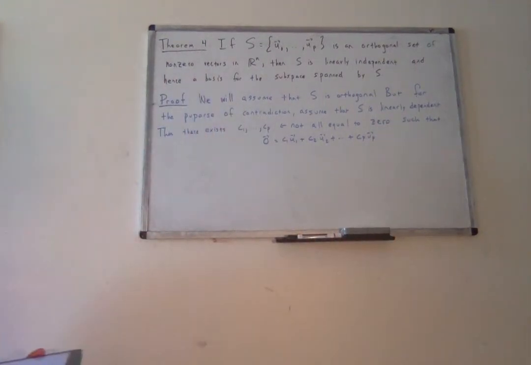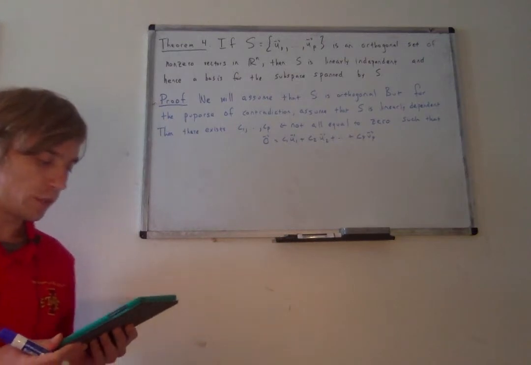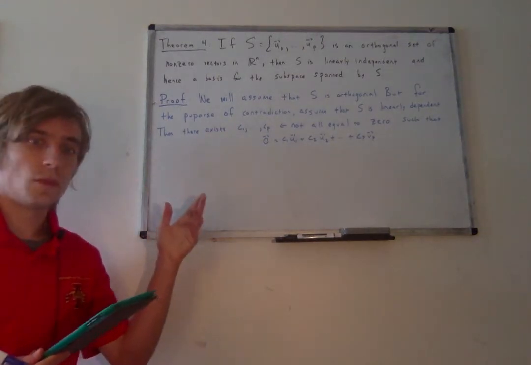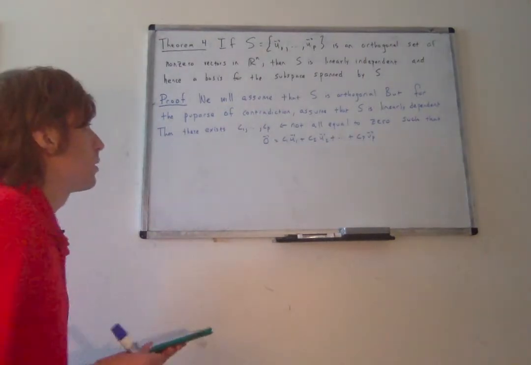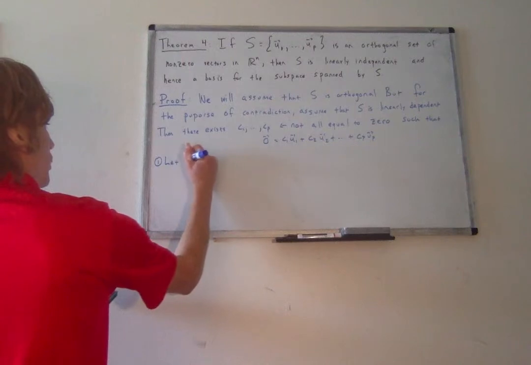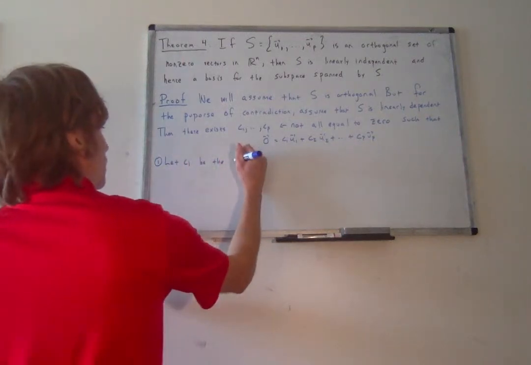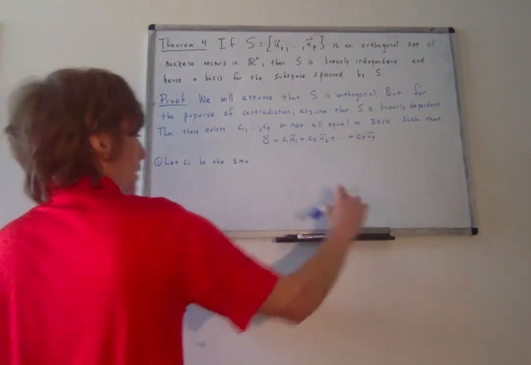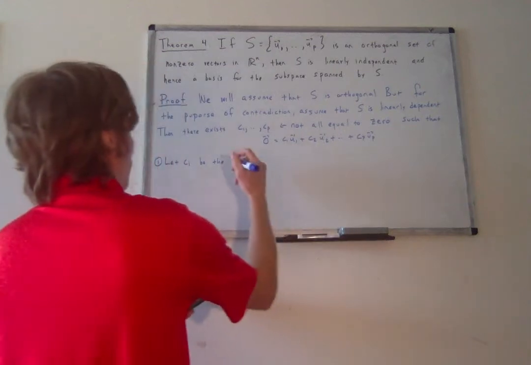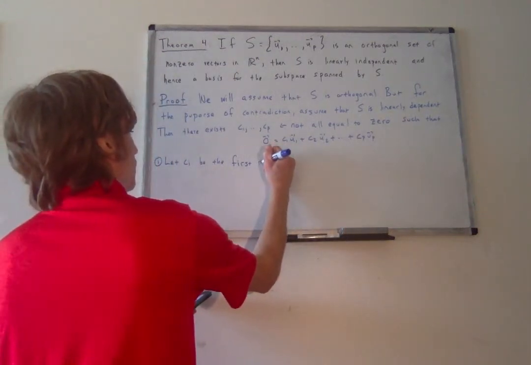And so eventually now we're going to see why the property of being orthogonal is so powerful. We're going to let C sub i be the first scalar that is non-zero.